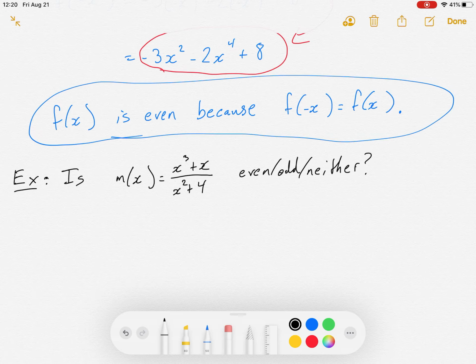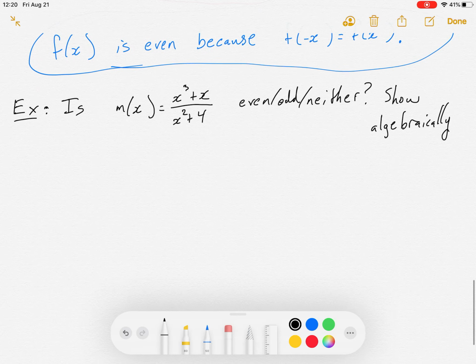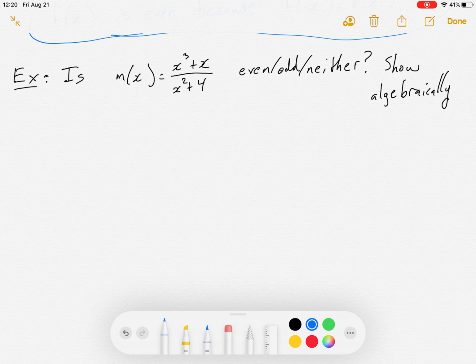And with these problems, I really should add show algebraically, because if I don't add that, you might be able to just graph the function and tell me if it's even, odd, or neither from that. But I'm really focusing here on the algebraic work and the algebraic manipulation of equations. Okay, so once again, the first step, we're going to replace x with negative x. So if you forget everything else, please don't forget that first step.